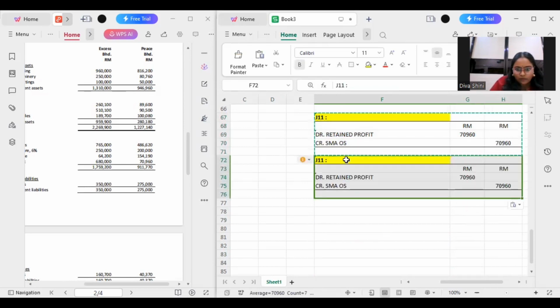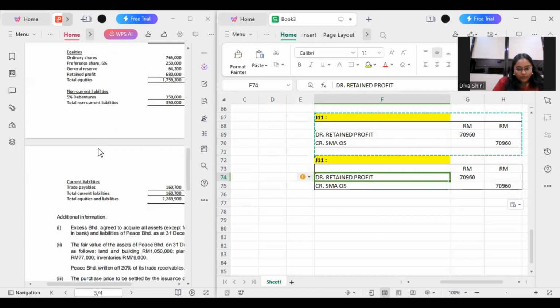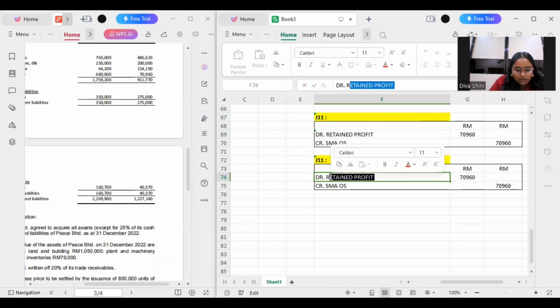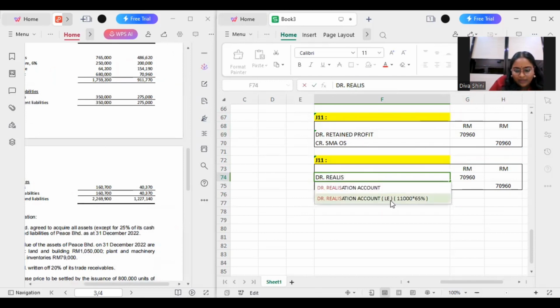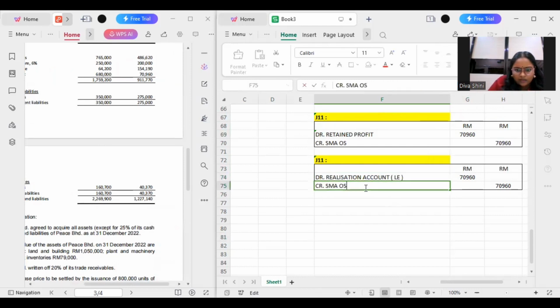Journal 12 is for trade receivable because they have said that there are 20% of return off, so we need to calculate the 20% of return off. Okay, this is realization account LE, and then this will be trade receivable.